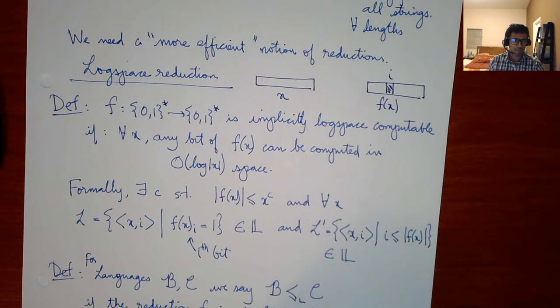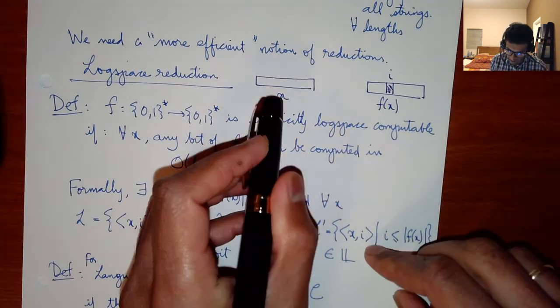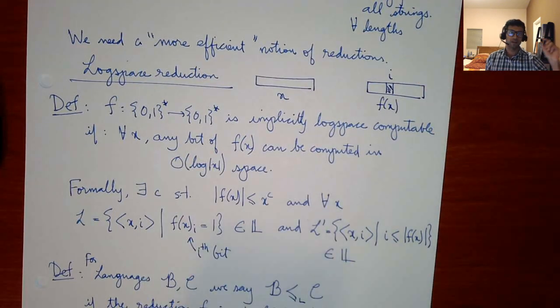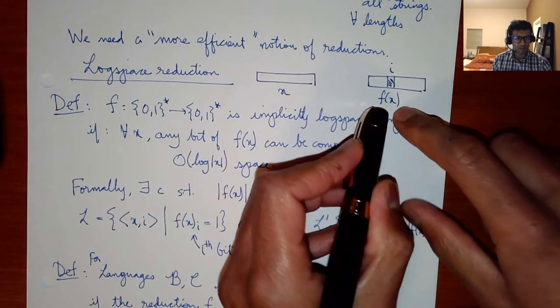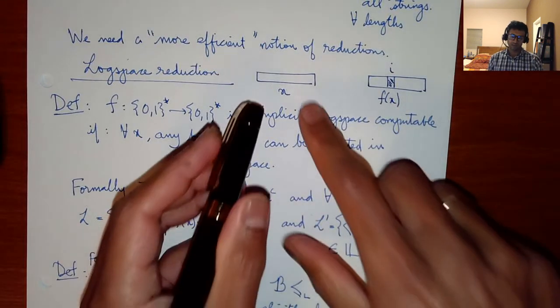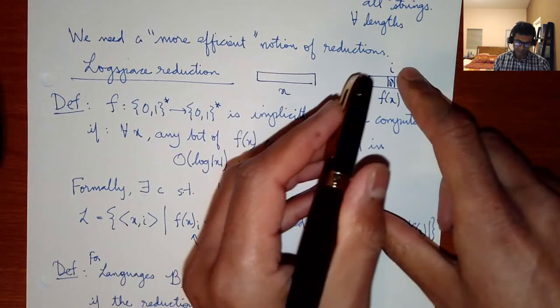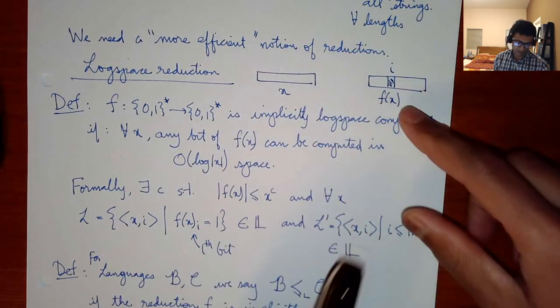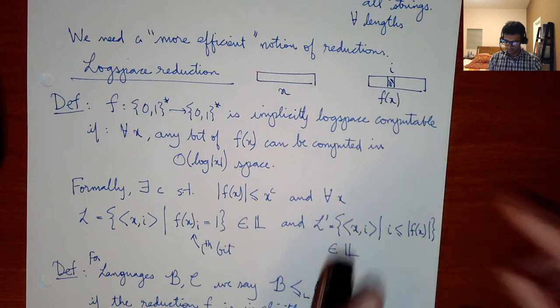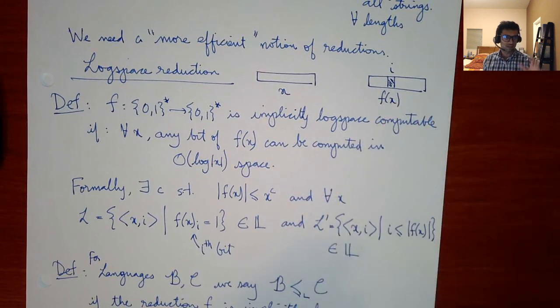So think of the input now as x and i, and we have to compute the ith bit of f of x. I is going to have size at most logarithmic in x, because i is an index and we think of f of x as polynomial sized. Since f of x is polynomial size, i is of logarithmic size just to specify the index. Does this make sense? Any questions about what it means to be log space computable?